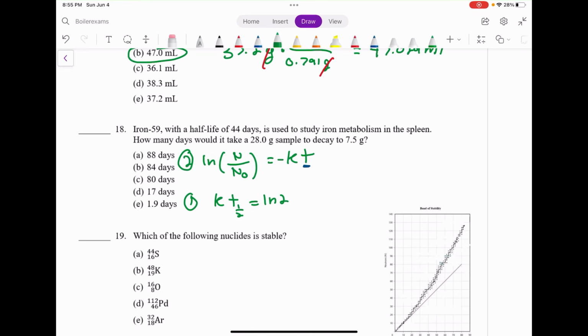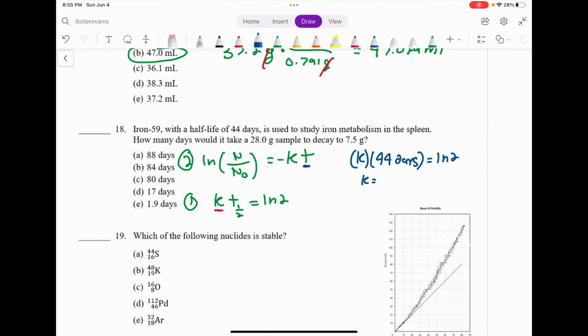Okay, let's see here. We know we're going to solve this one first, and then we're probably going to take our k that we solve for, put it into this equation, and then we will be able to solve equation 2. So, k is our initial unknown, times the half-life, which is 44, let's keep track of units too, days, equals the natural log of 2.